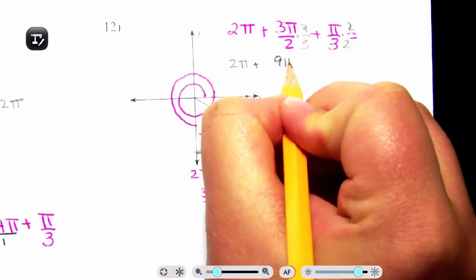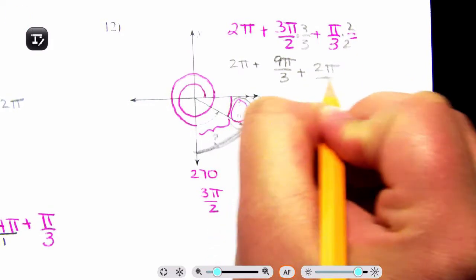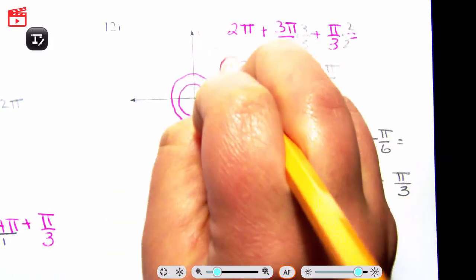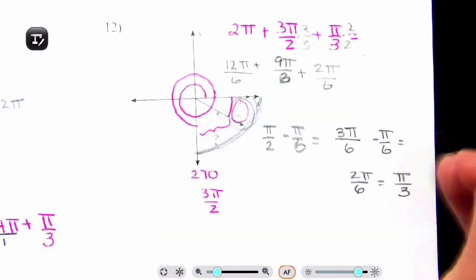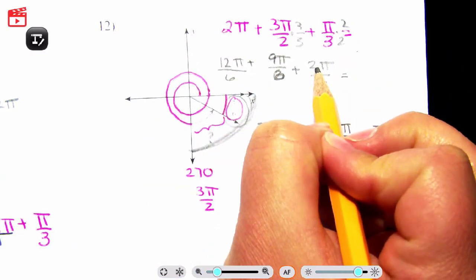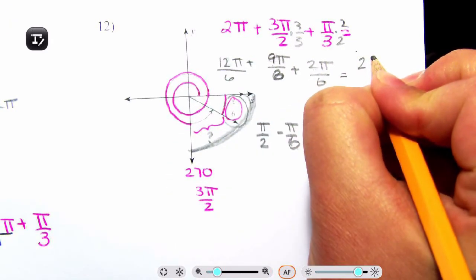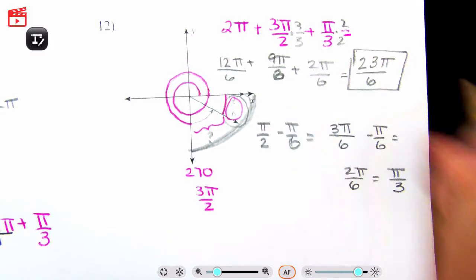This is 9 pi thirds plus 2 pi sixths. This should be a 6, not a third, 6. And then this one, again, we need to multiply by 6. So this is 12 pi sixths. So 9, 10, 11. 11 plus 12, that is 23 pi sixths as my angle measure.